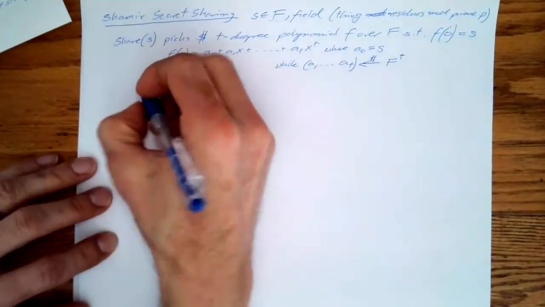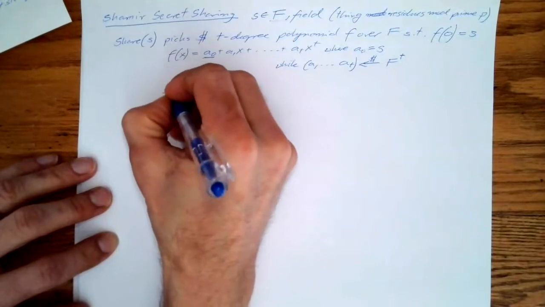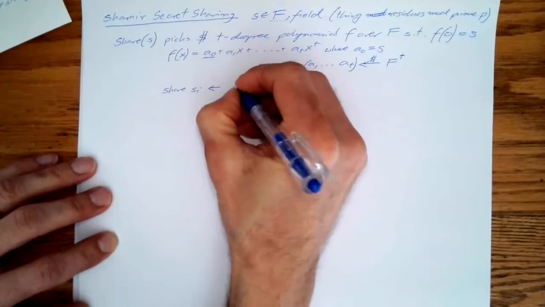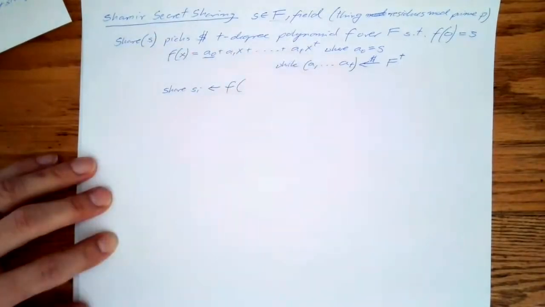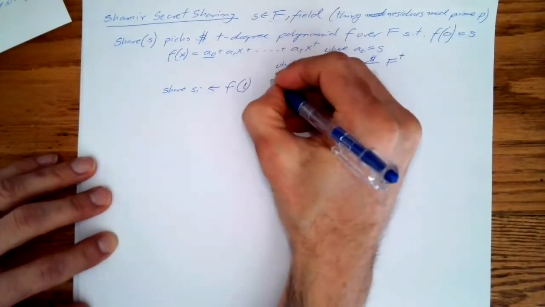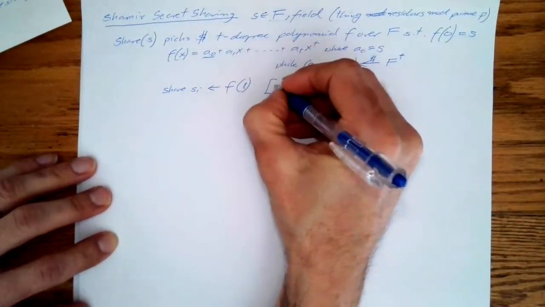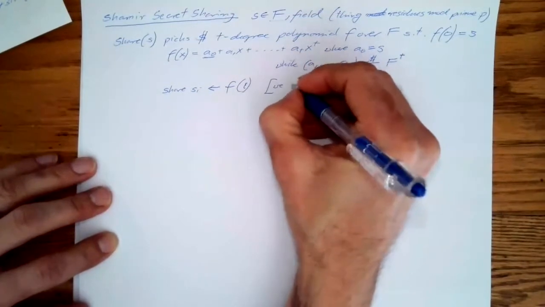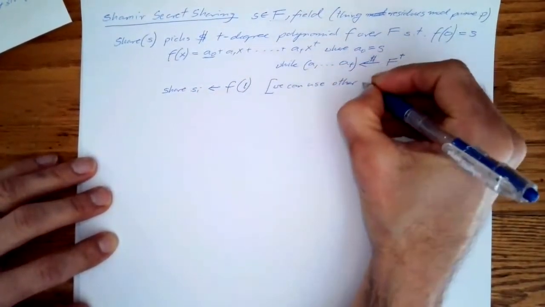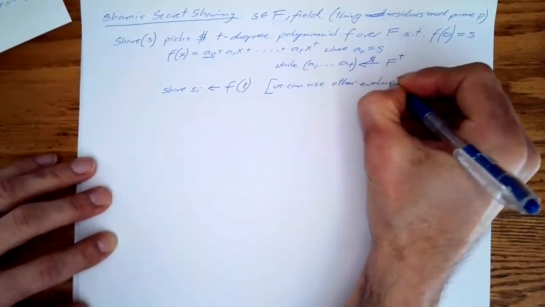Okay, and then share Si is set to be f evaluated at point i. In general, we can use other evaluation points.